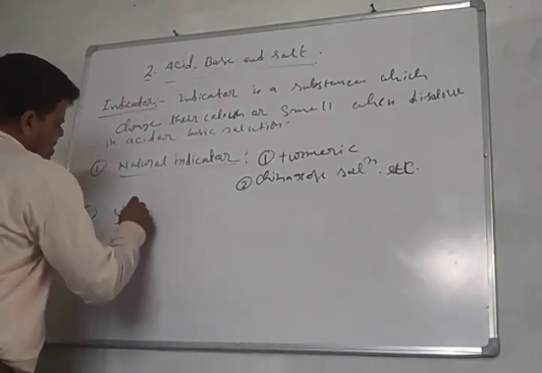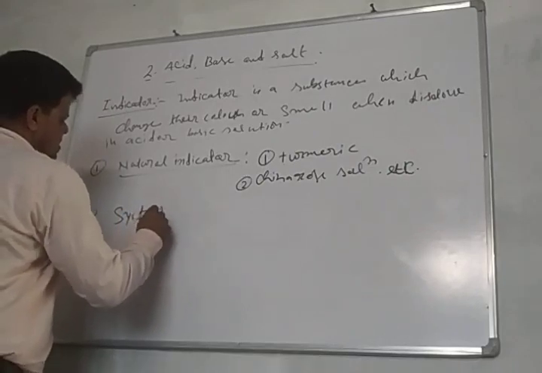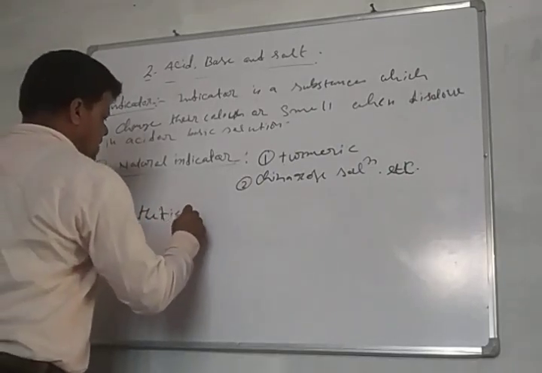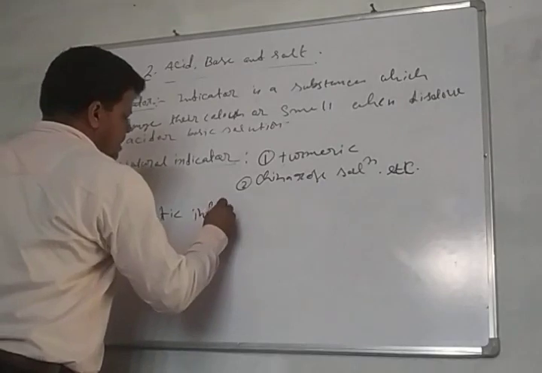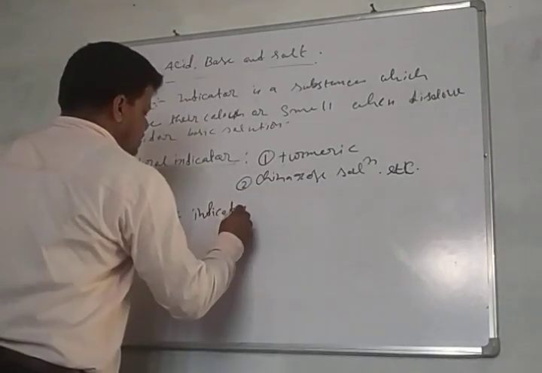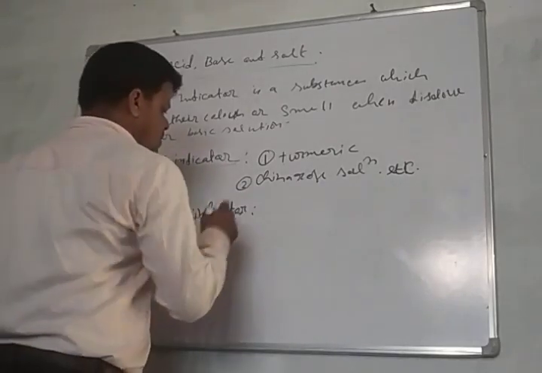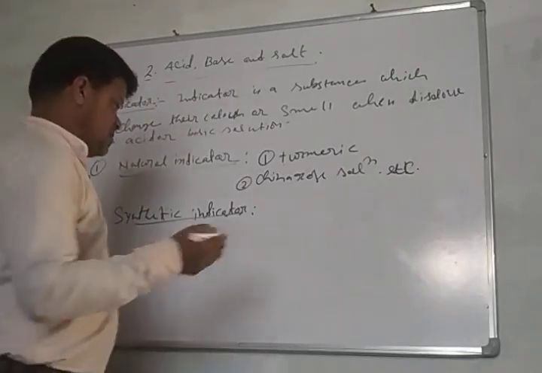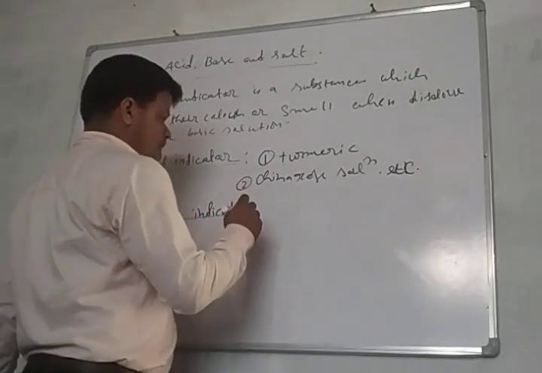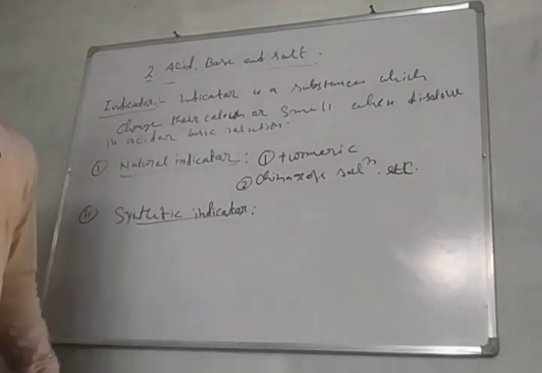Then after that, synthetic or manual indicator. What is a synthetic indicator? For example, phenolphthalein and methyl orange.